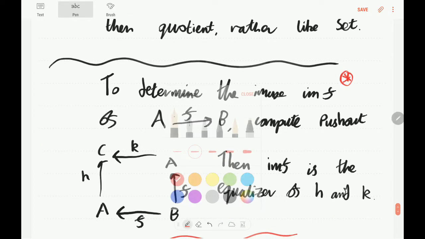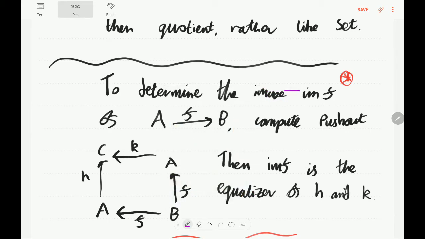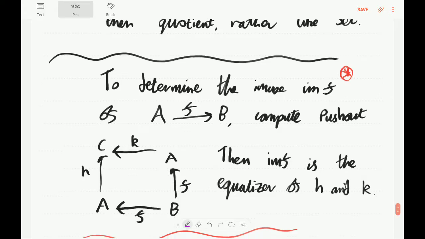The reason it's so simple is because, so, here's the general recipe. At least I think this is correct. The general recipe for working out the image of an arrow F is we compute the pushout of 2 copies of F, and we get this H and K. Whoops.